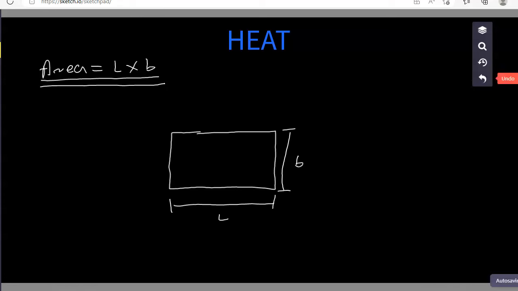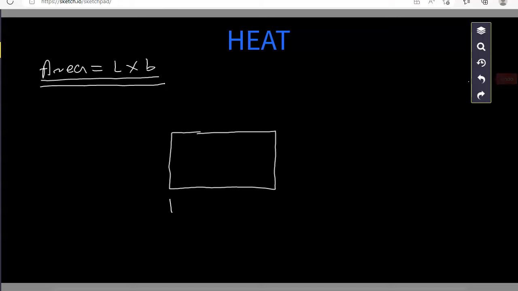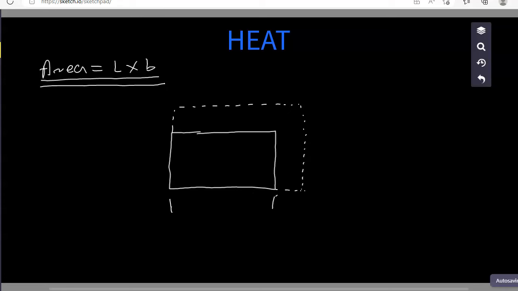The reality is that if we increase the temperature, this block will experience a change in length like this. This will be our original length, and this will be our original breadth.